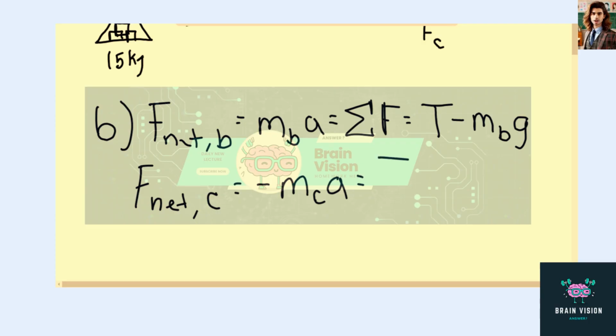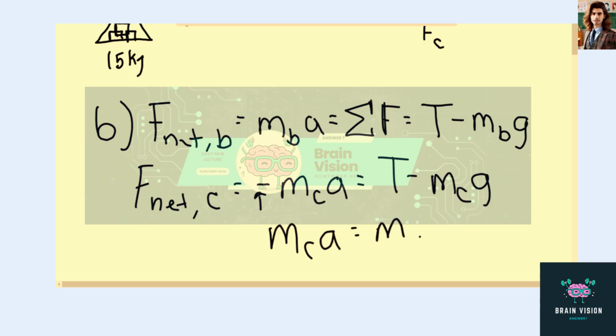So this is going to be T, which again is pointing upwards, minus M sub C times G. We can actually move this negative sign right here to the other side in order to just keep the definition of the force positive. So we can have M sub C times A is equal to, and then this will be M sub C times G minus T.